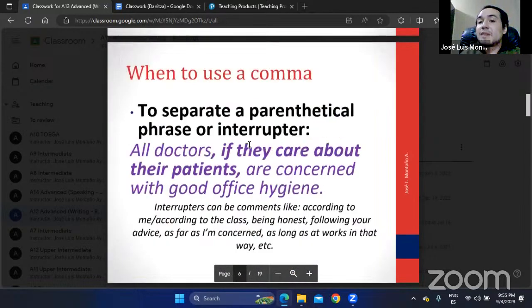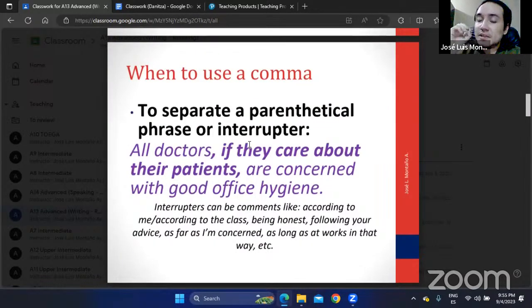And finally, parenthetical phrase, interrupter. This is only going to be correct if, it doesn't matter what, you can have a simple, compound, or complex sentence. You can have anything you want. But in between one of your complete ideas, you place a phrase that is optional. If it's there, good.